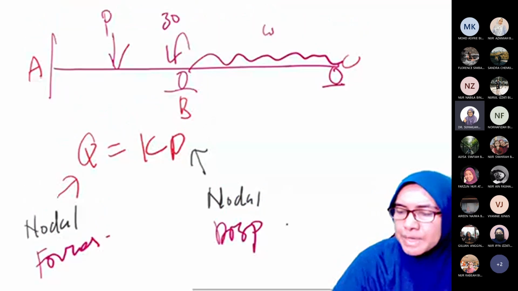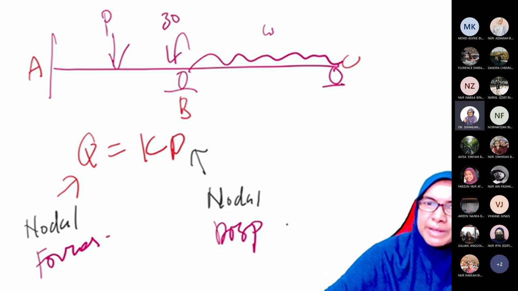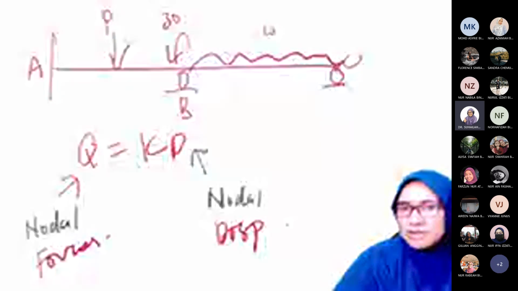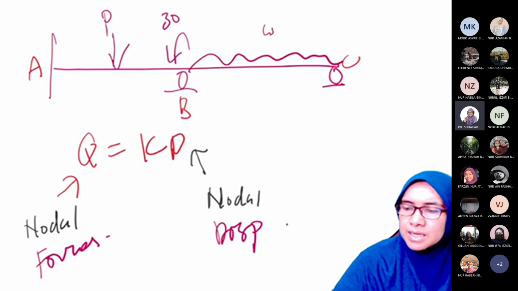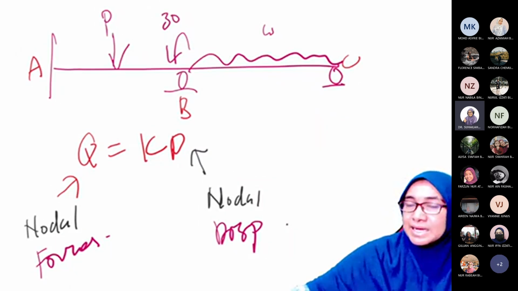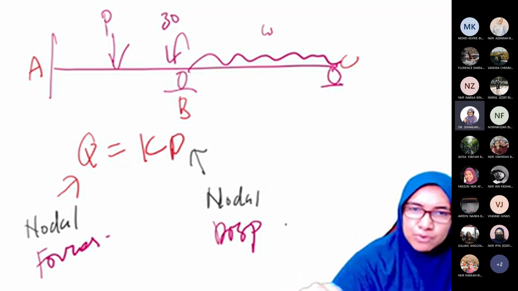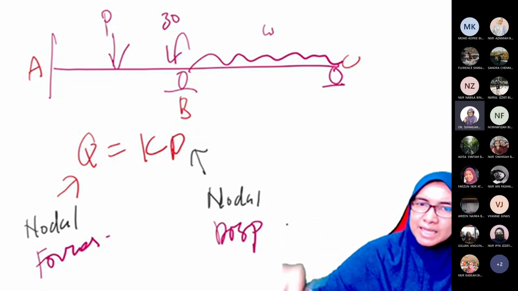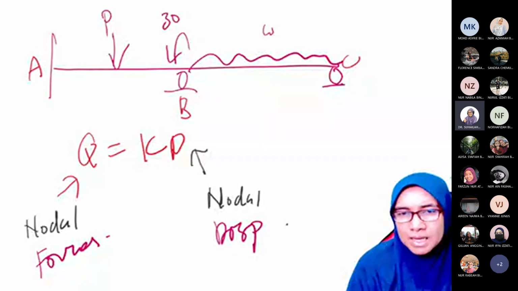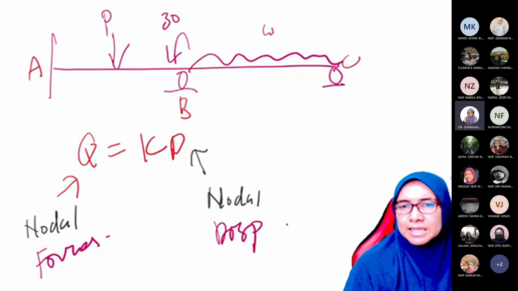But here, where do we put P and W? By definition Q means nodal forces and D means nodal displacement. Of course P and W will not go into D, because D is displacement; they belong to the category of forces. But P in the diagram is subjected on the member AB, not at a joint, not at A and not at B. And W is subjected along the member.